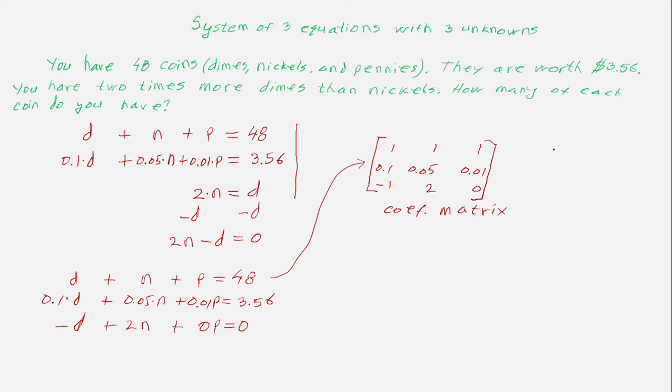And that one will be just 3 numbers: 48, 356, and then 0. And then we just close it like that. You will often read in literature that this is actually called a vector, but let's not bother with that. So this here is the constant matrix.